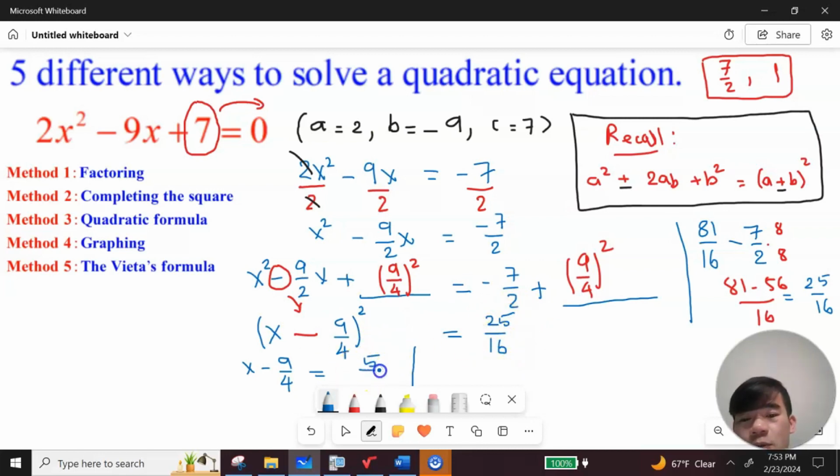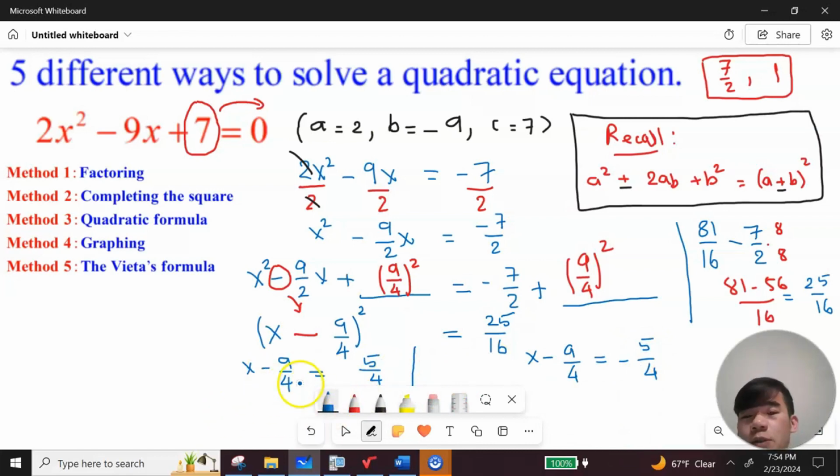Square root of 16 equals 4. So it should be s minus 9 over 4 equals 5 over 4, but instead of 5 over 4 you also put the negative sign. One positive and one negative.